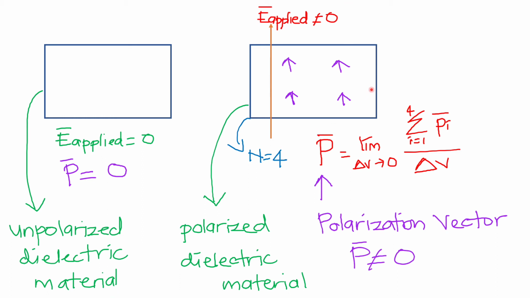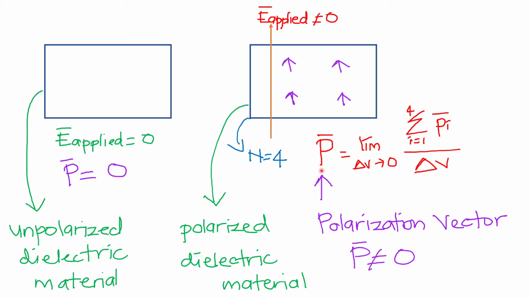As a conclusion, when we apply E to this dielectric, it will introduce electric dipole moments. Due to this situation, a new vector is introduced, and the vector's name is the polarization vector.